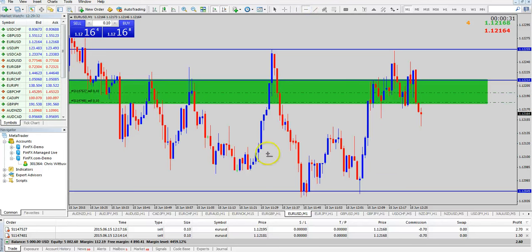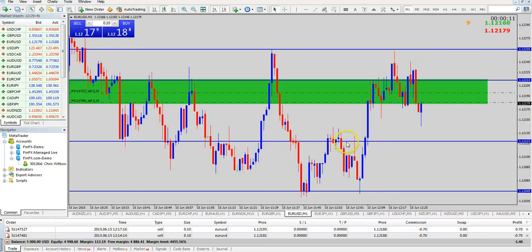On 1 minute, this is very noisy. So you can try to figure out where the next hesitation is going to come from if this continues, because we broke through with this candle here, so we're hoping this candle is going to be the confirmation candle. So where's the next hesitation? Somewhere around here.